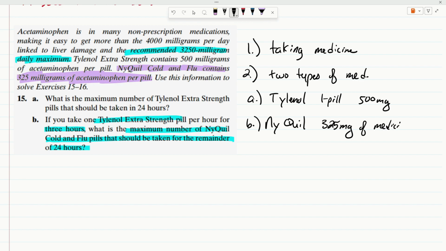In this case, it's going to be that acetaminophen stuff. So we need to devise a plan here. So what do we know about the Tylenol? Well, the Tylenol says we're taking 1 Tylenol extra strength pill per hour for 3 hours. So 1 pill per hour for 3 hours. That means we're taking 3 total pills.